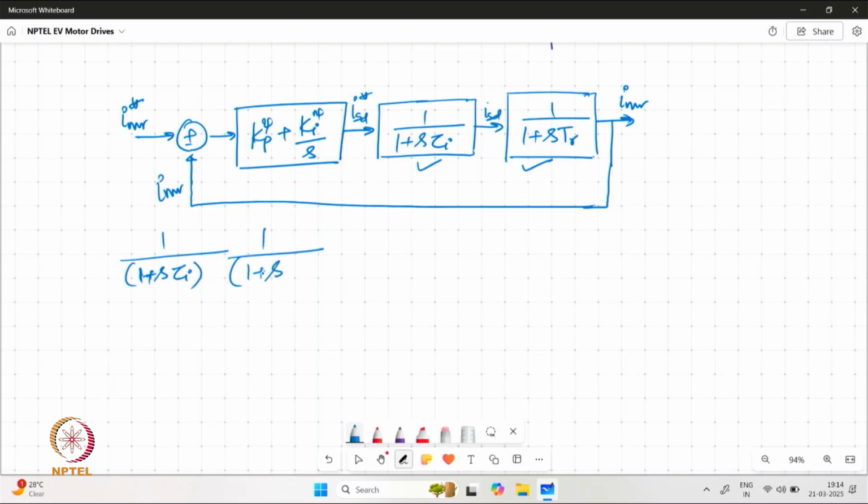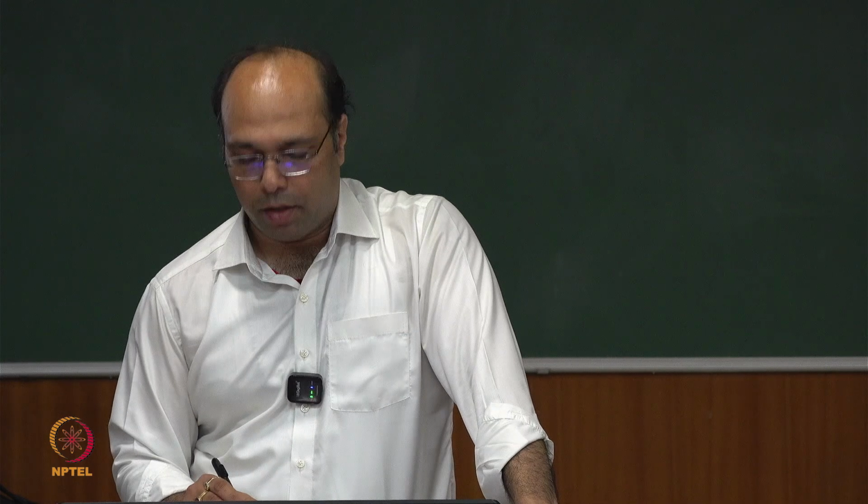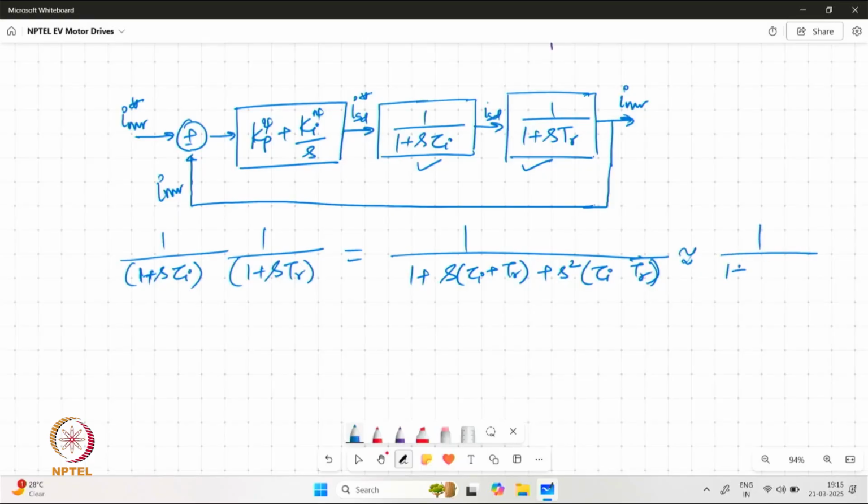So if we try to combine these two terms mathematically, we are going to end up having, and so here we have product of these two terms, and because the product of these two terms tau I and tr is going to be much smaller compared to the sum of these two terms, it can eventually reduce to, which means that effectively we are dealing with a pole which is having time constant say tau 1, which is equal to tau I plus tr.